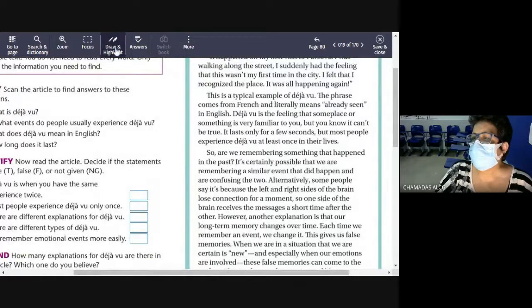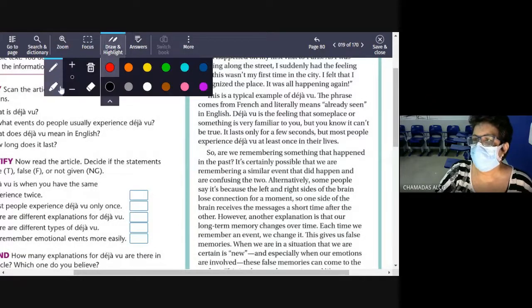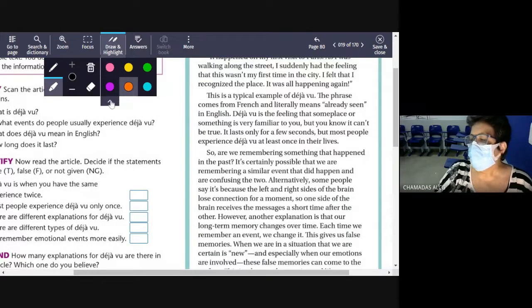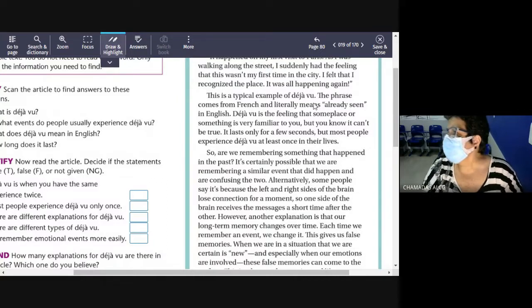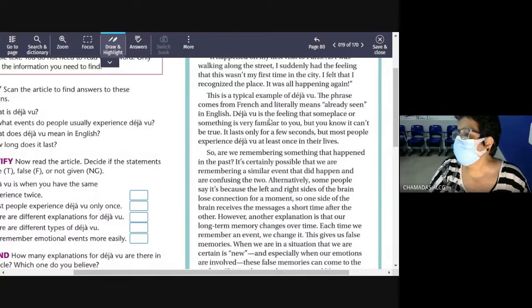So here in the text, we have the answer if you want to find it. It's exactly that. Look. Here they explain that it's the feeling that some place or something is very familiar to you, okay?